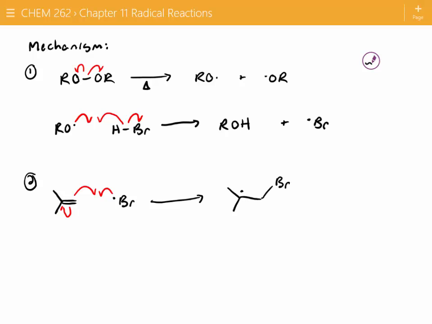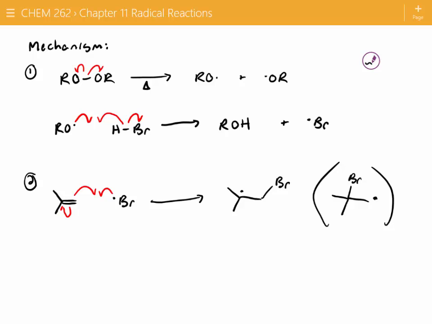So the question I have for you guys is, why don't we get the other product that looks like this, where the bromine adds to the more substituted side and we get the radical over there? So why is the bromine adding to the terminal end of that alkene rather than the more substituted end? Yeah, the radical is more stable.